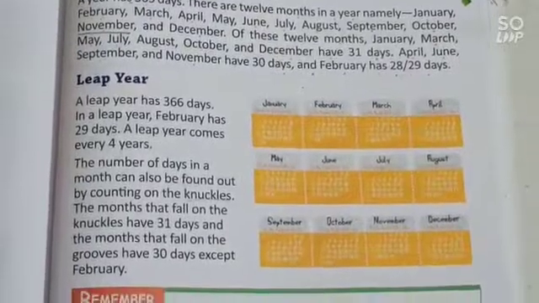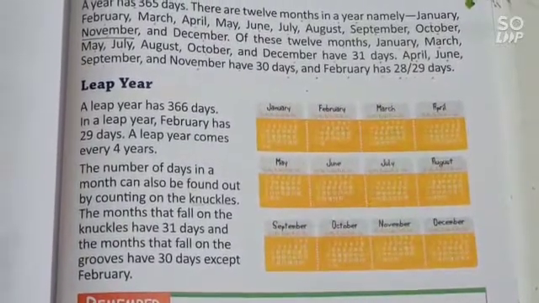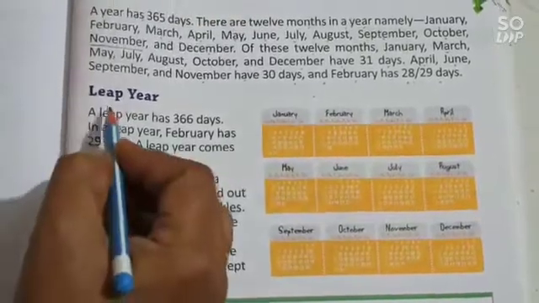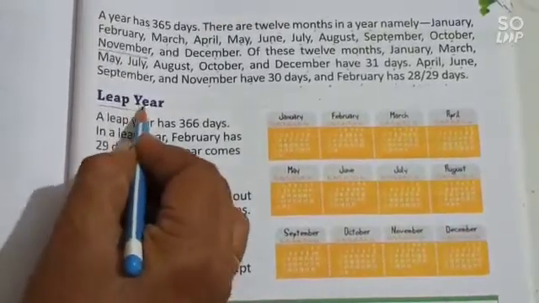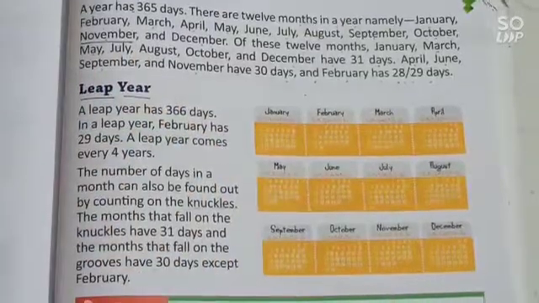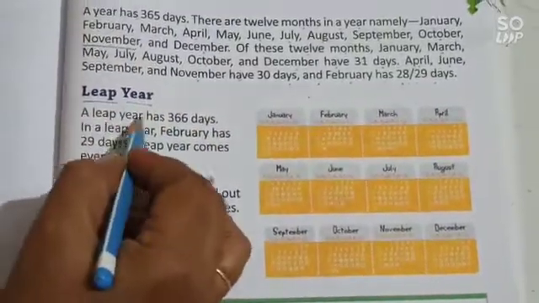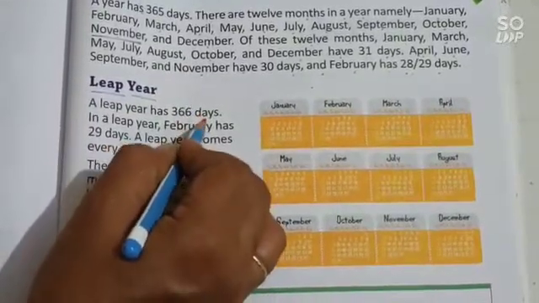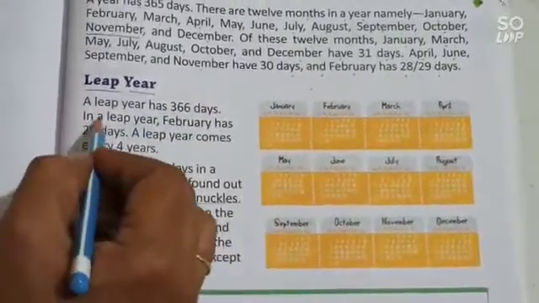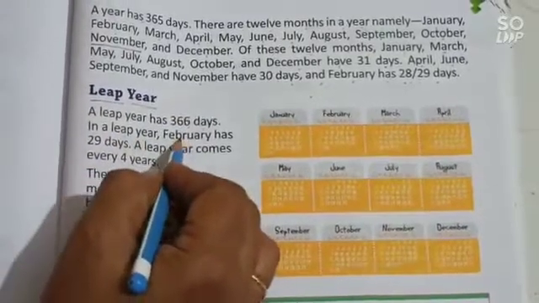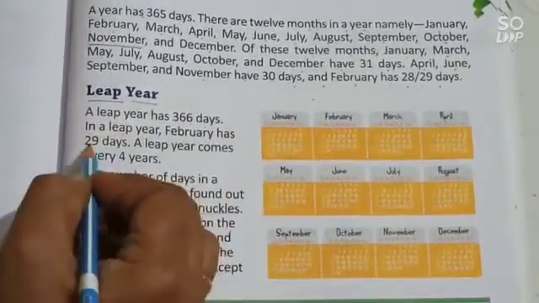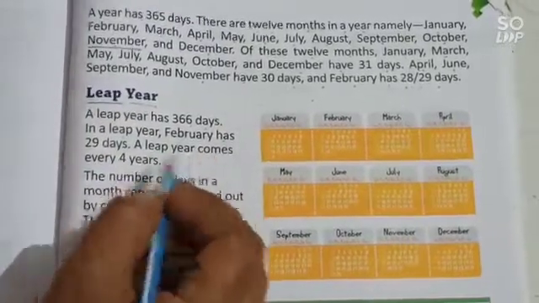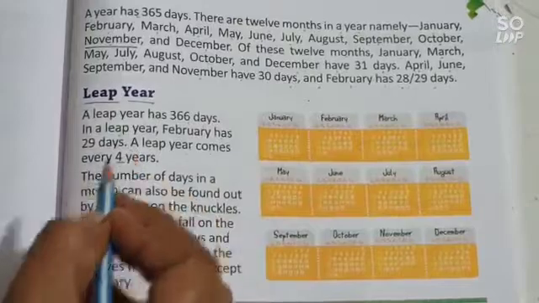When there are 29 days in February, we call that year a leap year. A leap year has 366 days. In a leap year, February has 29 days. A leap year comes every 4 years.